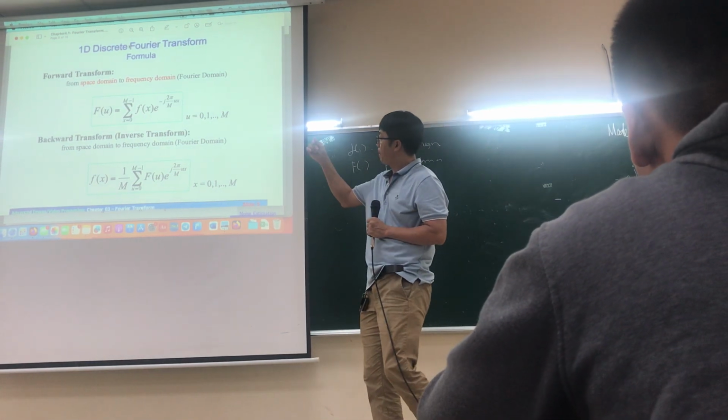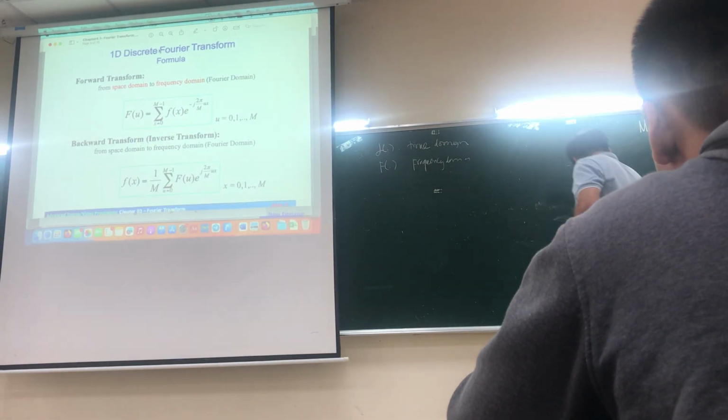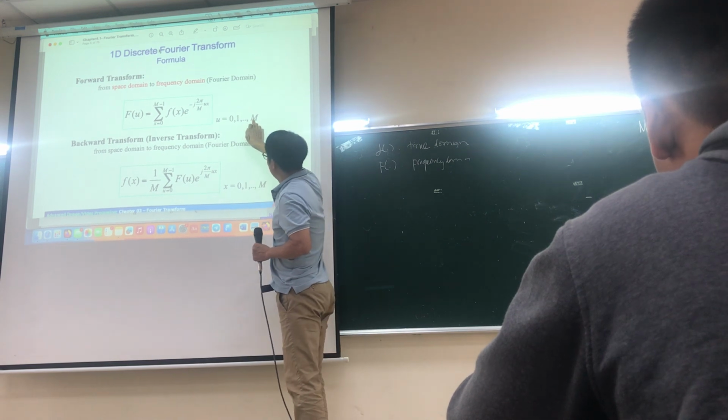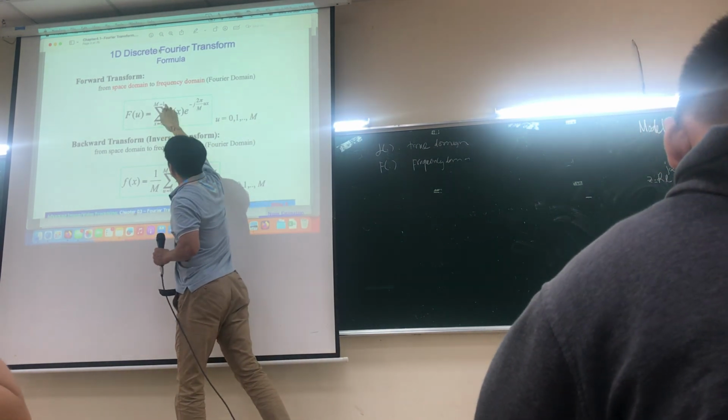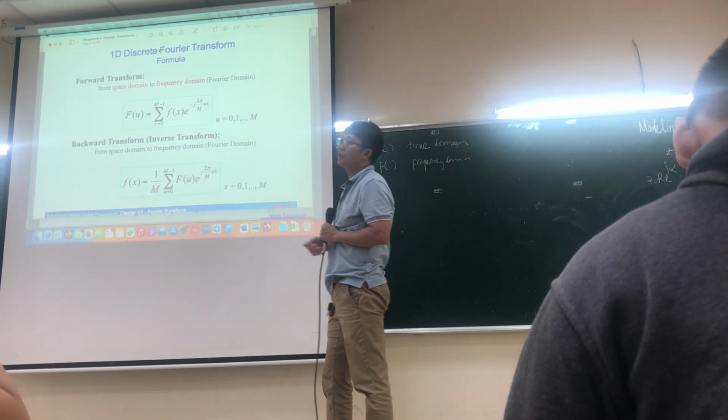So now let's go here. In that formula, n is a number from 0 to n minus 1, right? Because n here goes up to n minus 1.